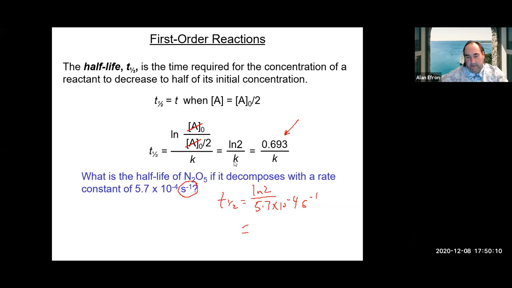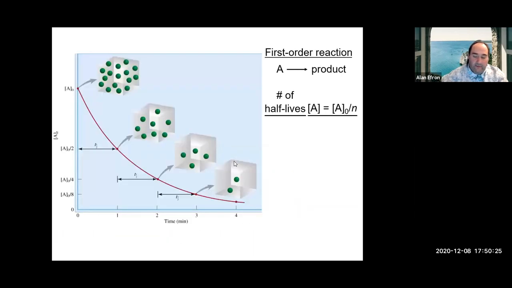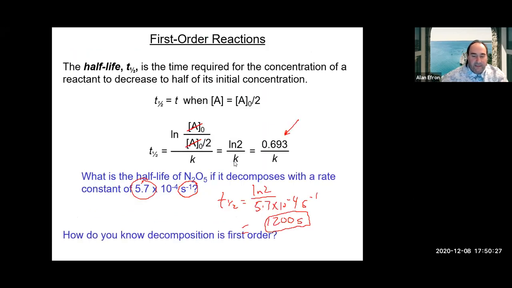You get something a little bit bigger than that, but the only number we have here is 2 sig figs, so that's why we went to 2 significant figures. And as I alluded to earlier, the reason we know it's first order is the units associated with k, which in this particular case are reciprocal seconds.